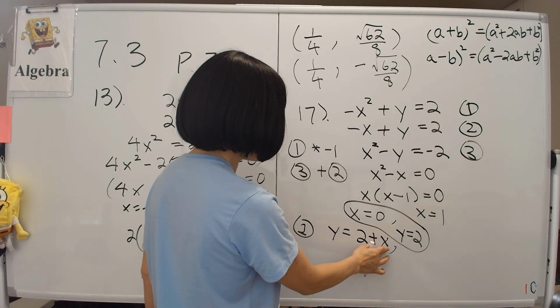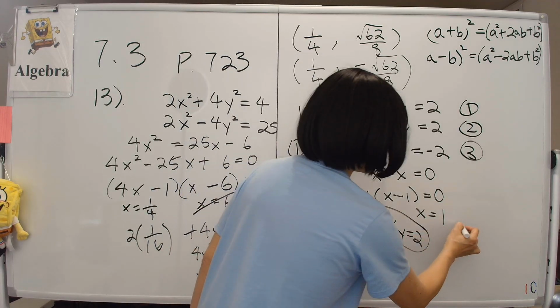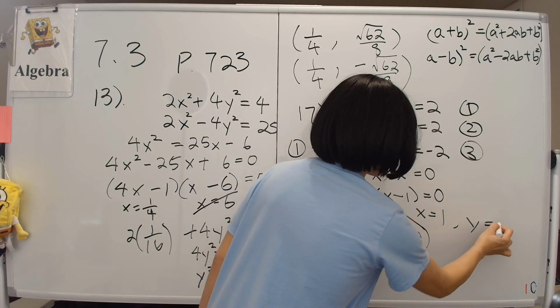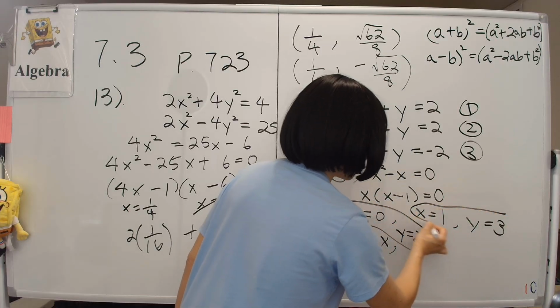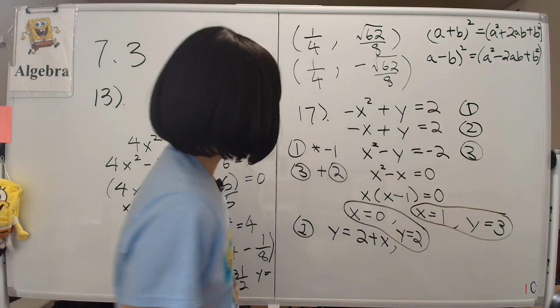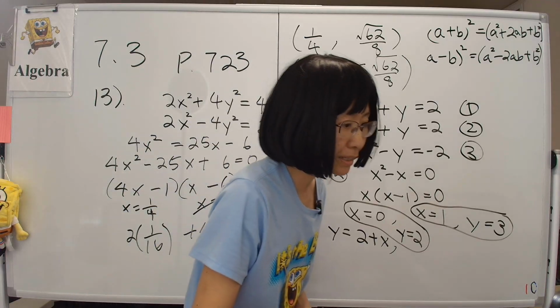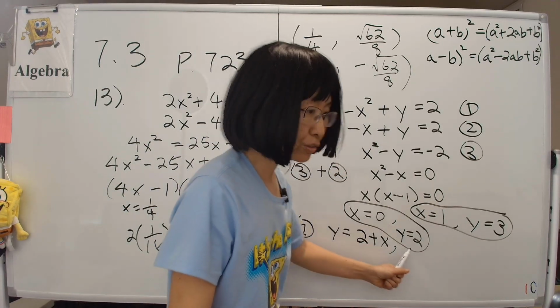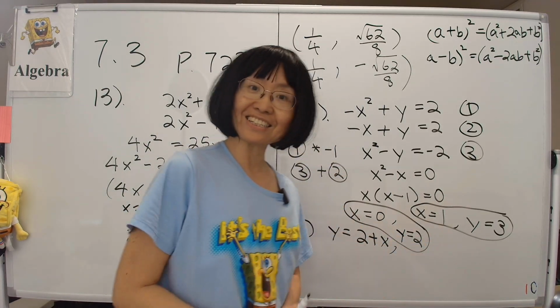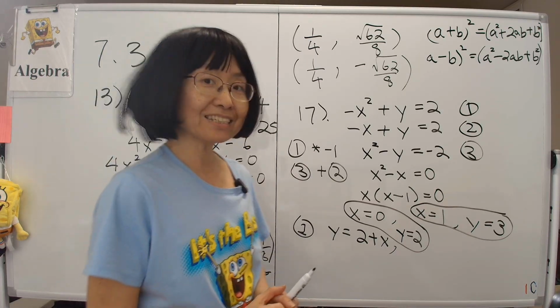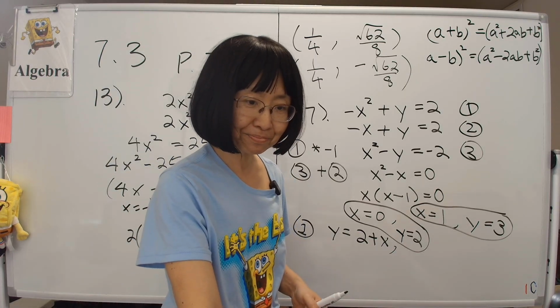And when x is 1, then y should be 3. So y equals 3 will be the second solution for when x equals 1. So that should be our 2 points for problem 17. Yep, so we have (0, 2) and (1, 3). That is correct. See, an easy problem, so to speak.